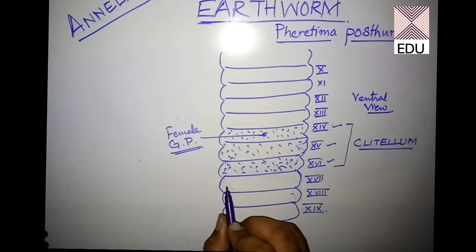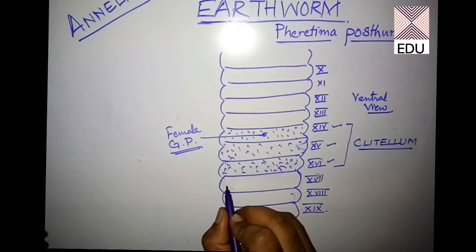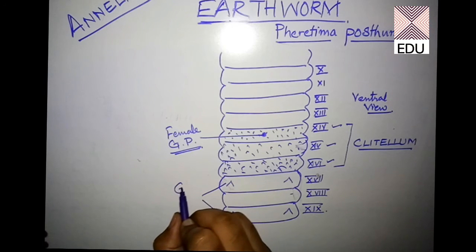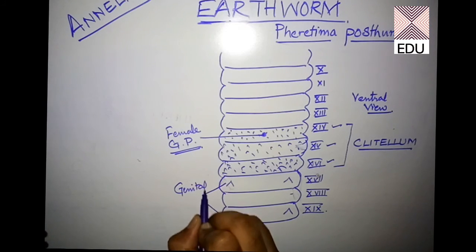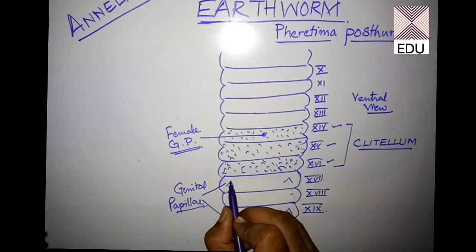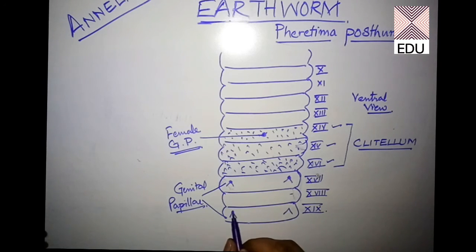On the 17th segment we have two genital papillae, and on the 19th also two genital papillae. Actually these are the pores of accessory glands which are present inside them. The accessory glands secrete a very sticky fluid for attachment to the other earthworm. So these are the openings of accessory glands.